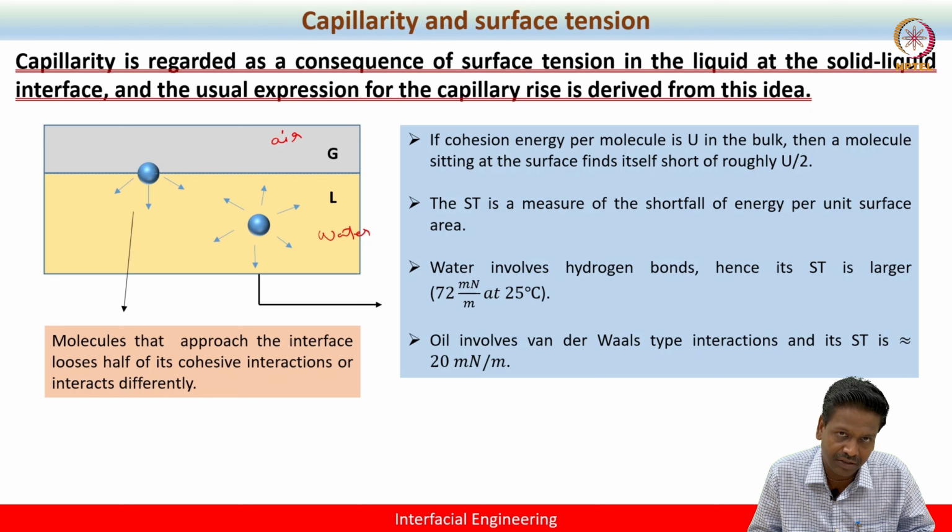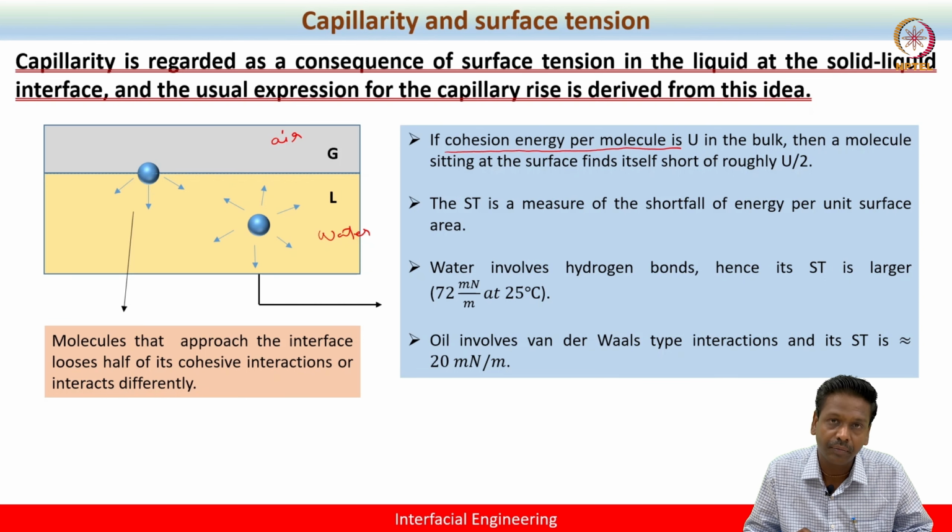So eventually the force acting downward is nothing but surface tension. You can understand it in this way also, through the cohesive energy per molecule. If a molecule is confined in the bulk, the cohesive energy per molecule is U. Then the cohesive energy of a molecule at the interface is U by 2. This is because of the shortfall of energy.